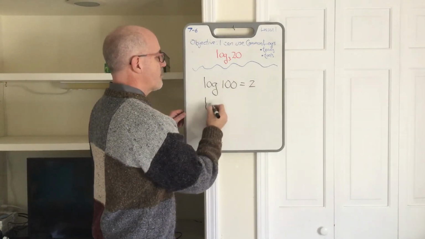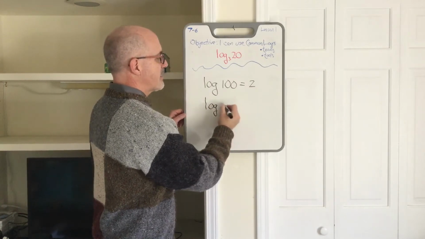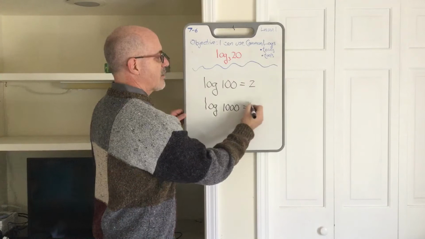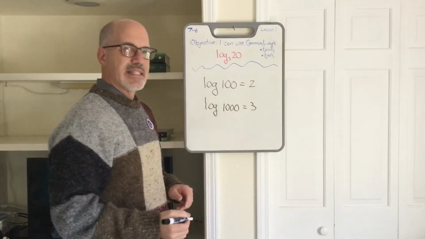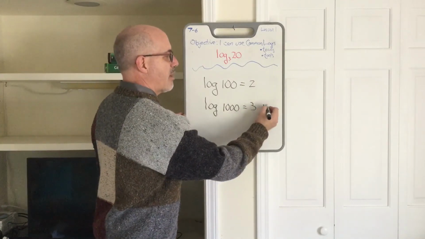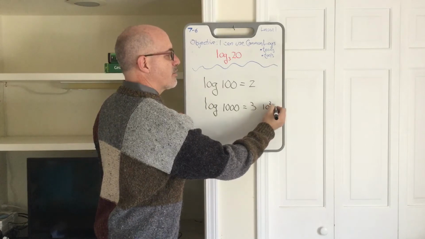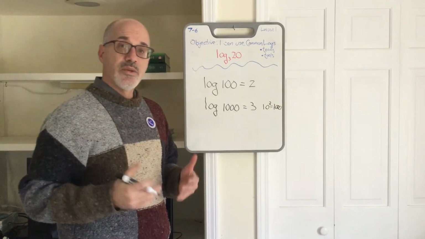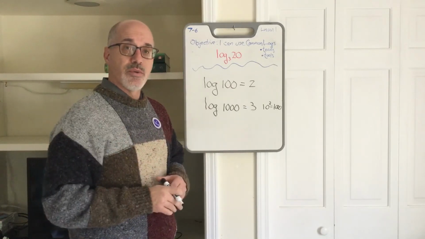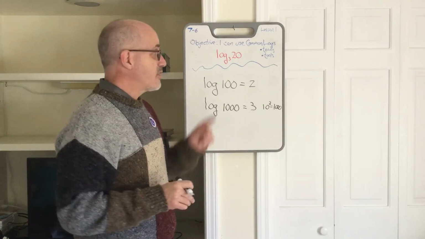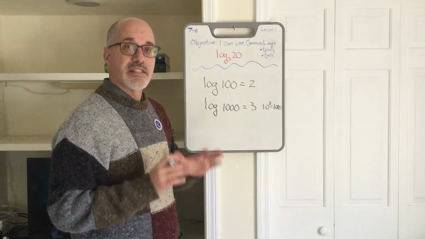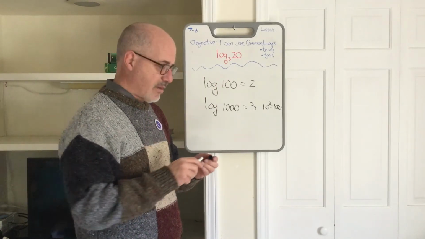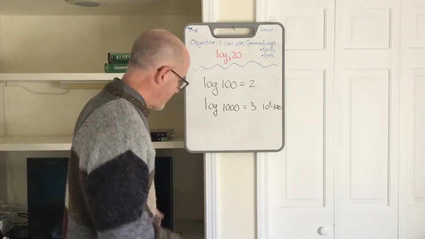If we want to do log of 1,000, that's going to be equal to 3, because 10 to the third power is equal to 1,000. So we're going to use that and be able to solve problems that don't have a nice answer by using our calculators. Now let's first of all talk about how the calculator can help us.